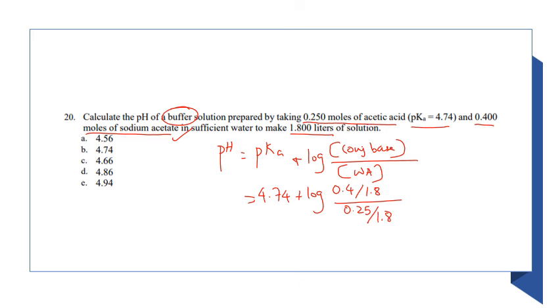Since both are divided by 1.8, it's not going to make a difference. The 1.8 and 1.8 will cancel, and we get the pH equals 4.74 plus log of 0.4 divided by 0.25, which is 4.74 plus log 1.6.